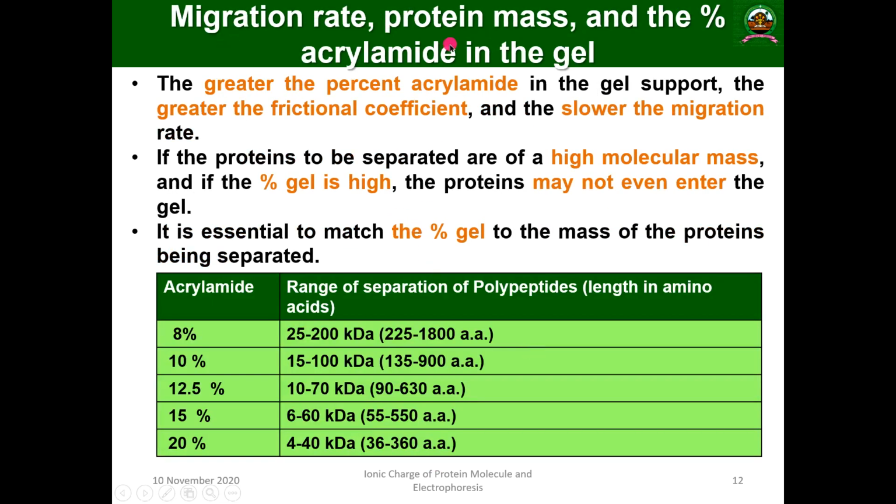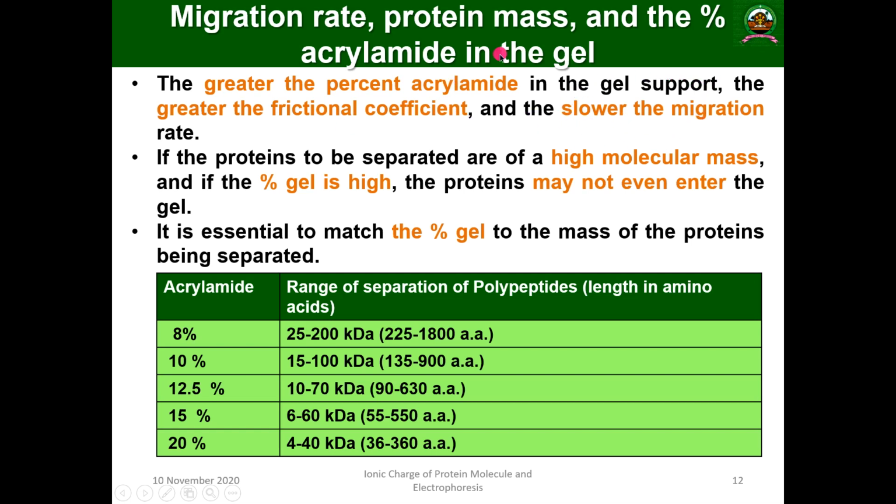The migration rate, protein mass and the percentage of acrylamide gel are very important components in polyacrylamide gel electrophoresis. Okay, the greater the percentage of acrylamide in the gel, the greater the frictional coefficient and the slower the migration rate.